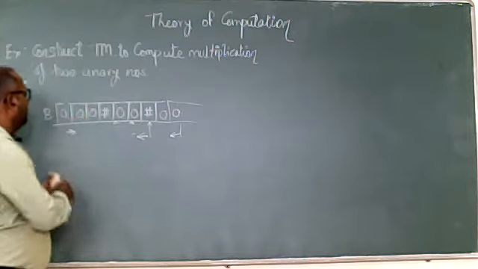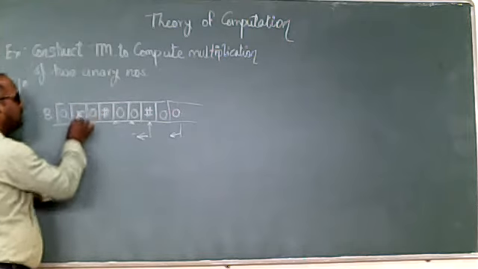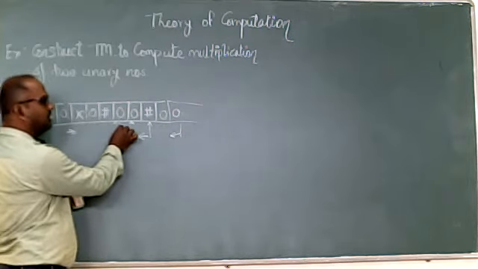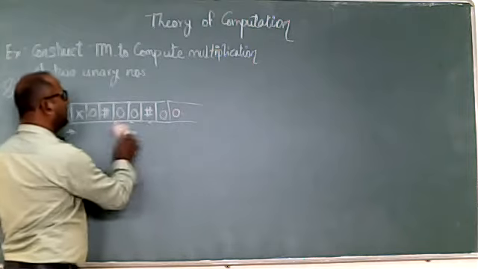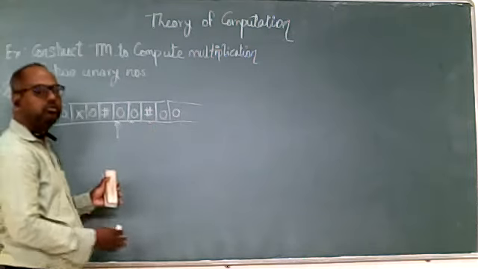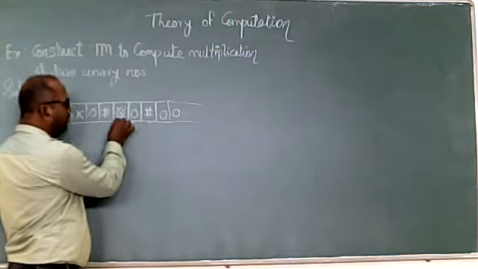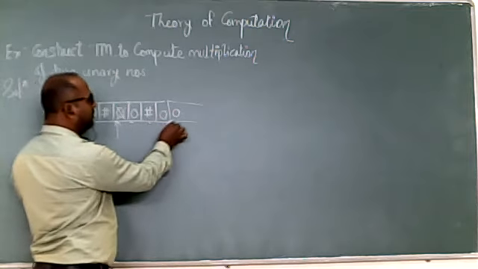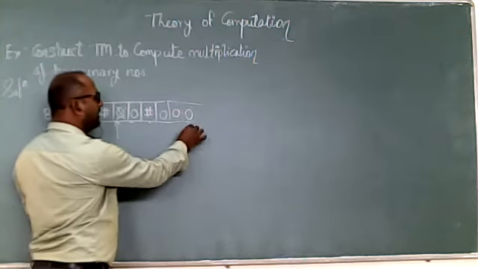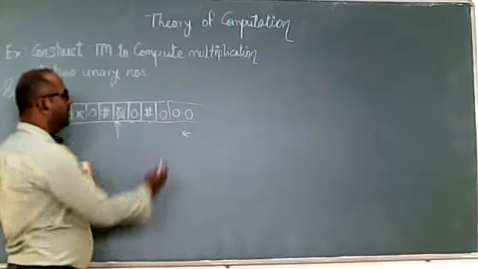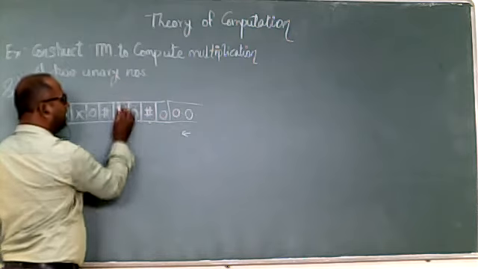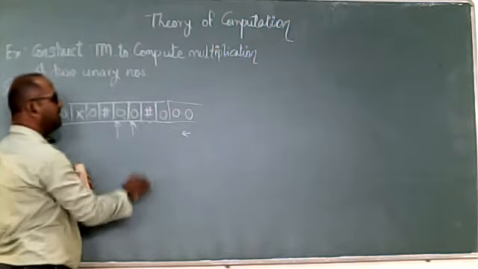Now this second 0 we'll make x, meaning the second counting is done. Skip this. After this hash, the number which we want to copy will start. From here, again the copy logic which we used previously: make it X, skip this, skip this, skip this. When we get the blank, make it 0 and change the direction. Again come back till we get X. This X we make a 0 and change the direction to right.